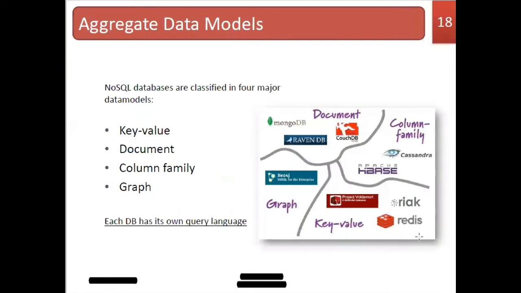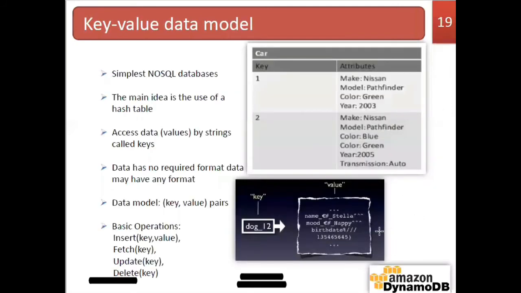These are the example databases given, and they use this key value data model. It is actually the simplest NoSQL database. Here we are not using any complex structure for storing the data. Whatever the data or document is, it is stored in the form of a key and value pair.